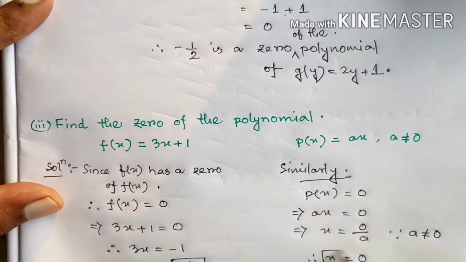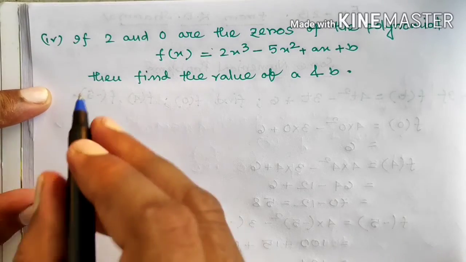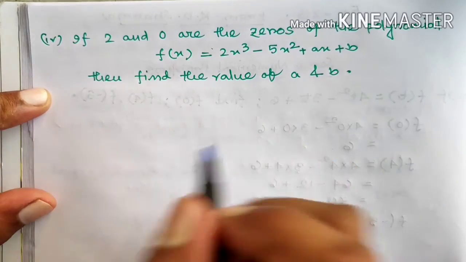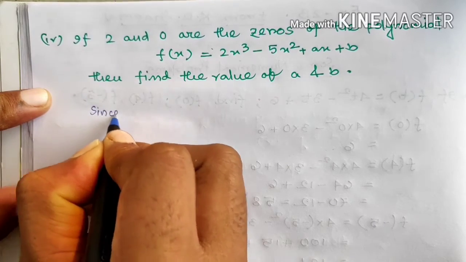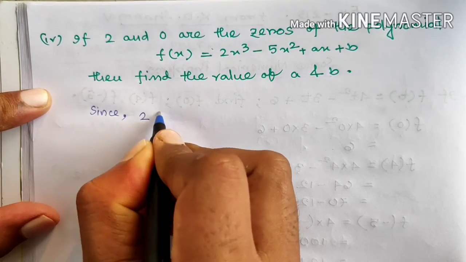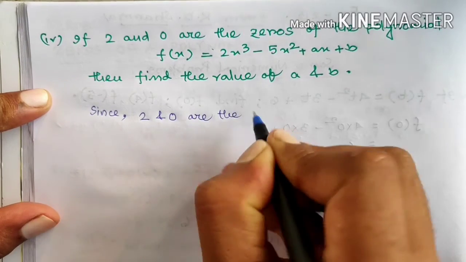Next, final question. If 2 and 0 are the zeros of the polynomial f of x equal to 2x cube minus 5x square plus ax plus b, then find the value of a and b. This is the important problem.